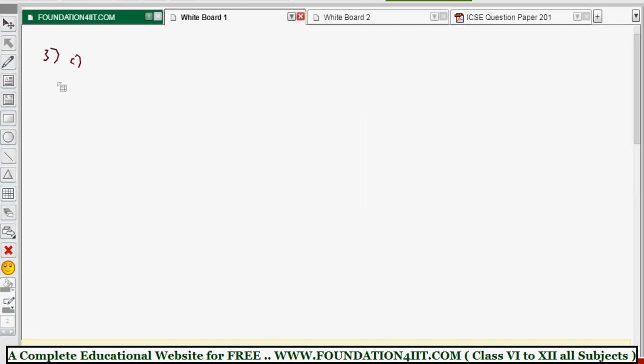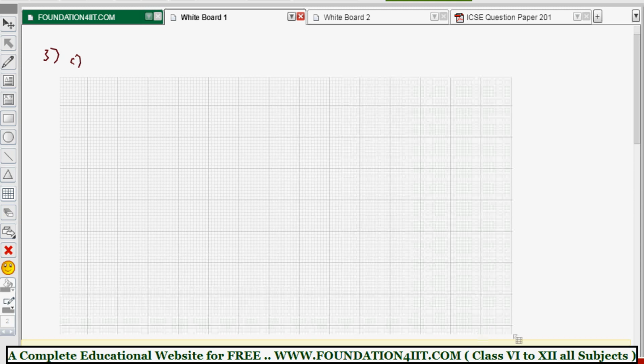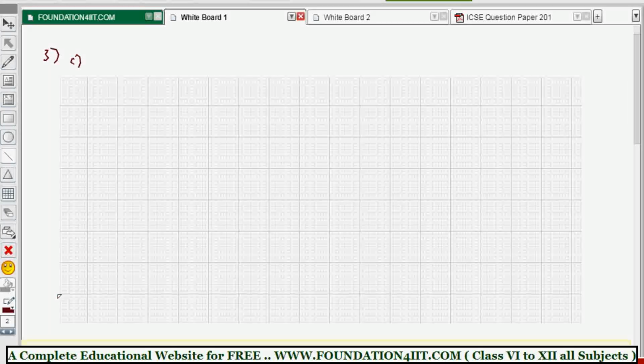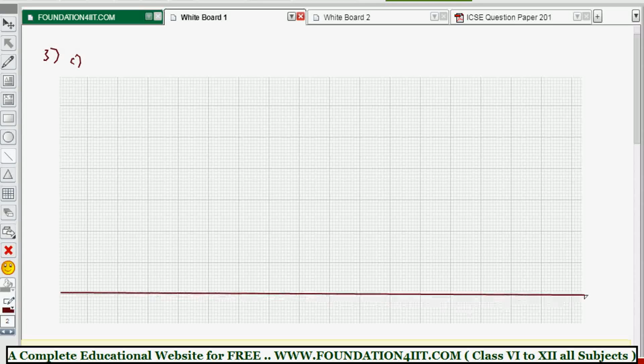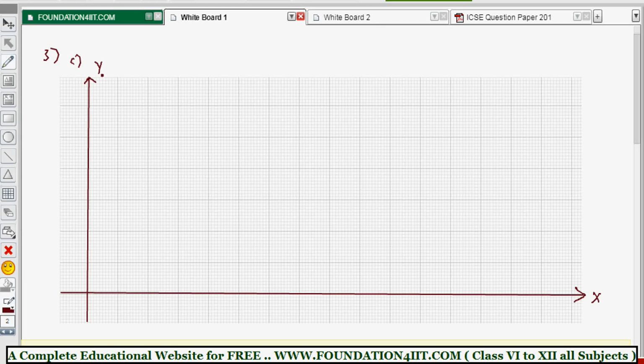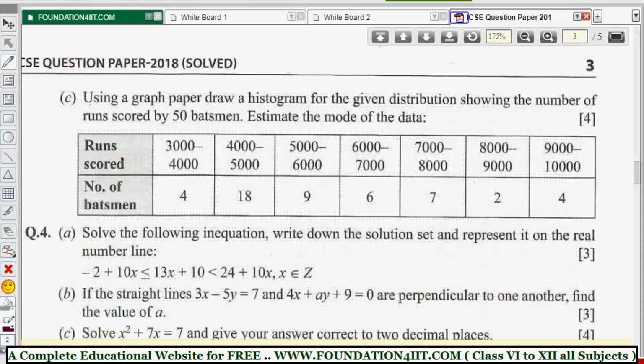We take the graph paper. We take x-axis and y-axis. If you observe, runs code we take on the x-axis, and number of batsmen is y.